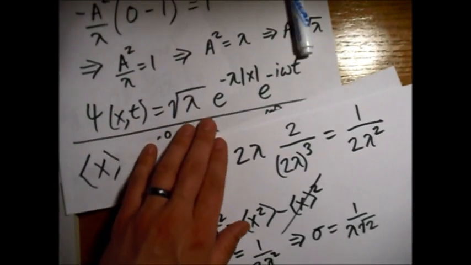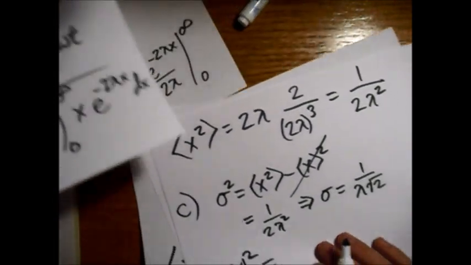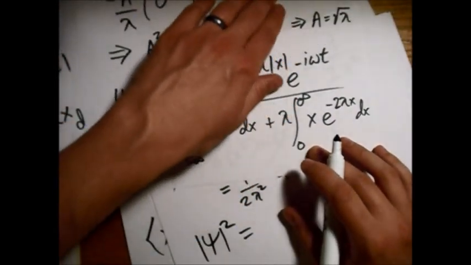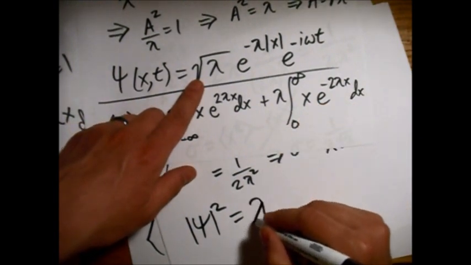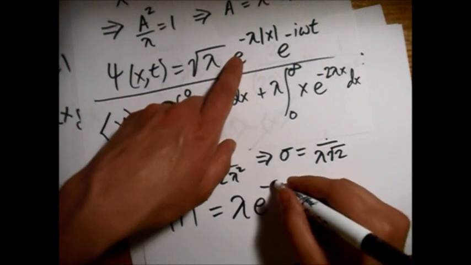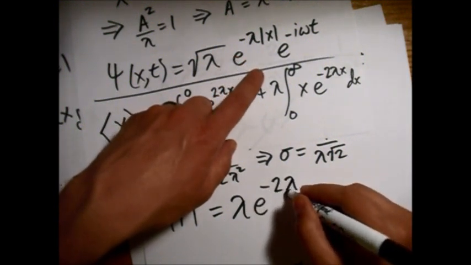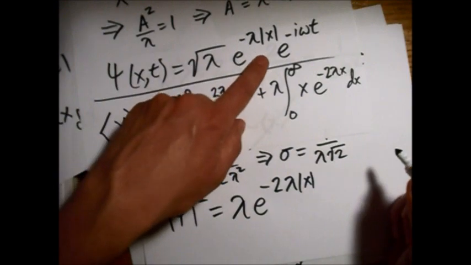There we go. Alright, so we just get the square root of lambda, so that's just one power of lambda here. And then we have an e to the -2 lambda absolute value of x.